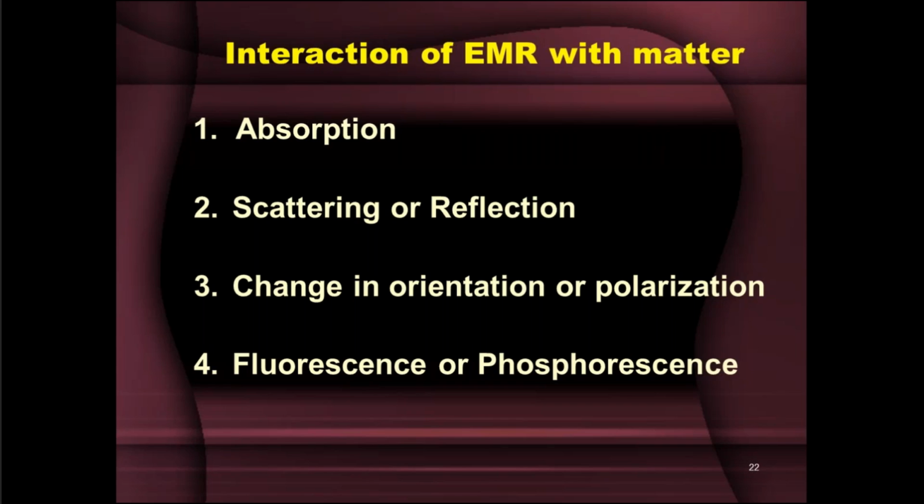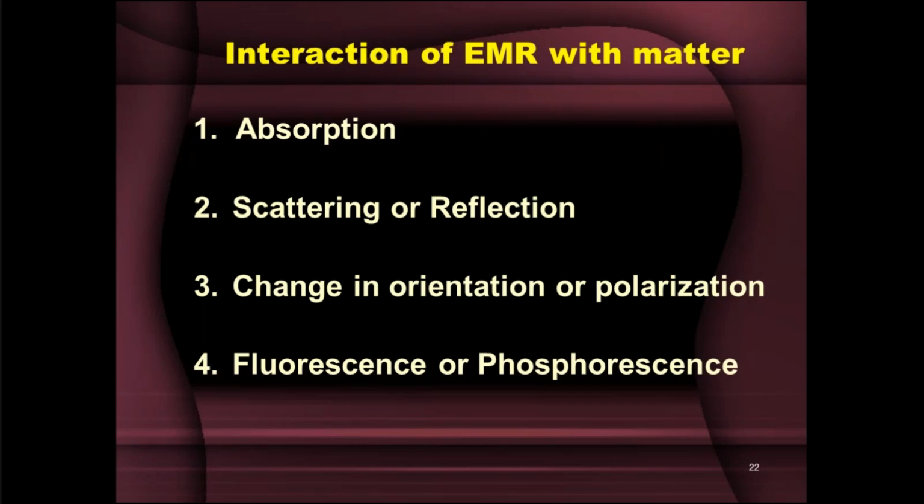And the last phenomenon which can take place is sometimes after absorption of radiation, the immediate release of the excess energy doesn't take place. There is a time delay, and after that, electromagnetic radiation may be emitted, thereby releasing the excess energy. So the excess energy may be released by emitting secondary electromagnetic radiation.